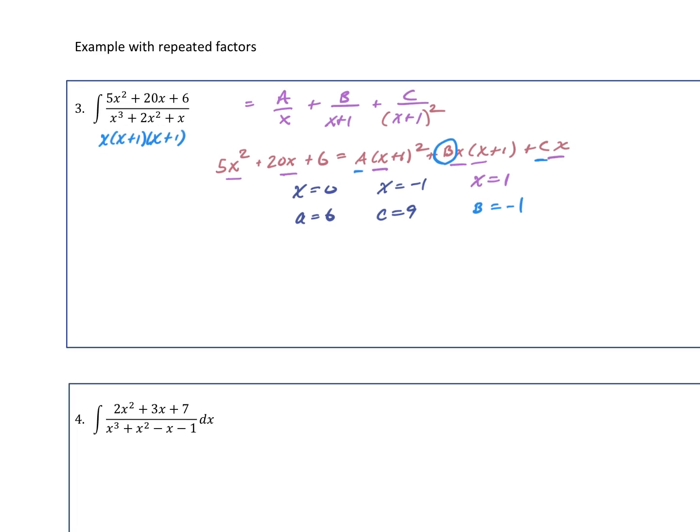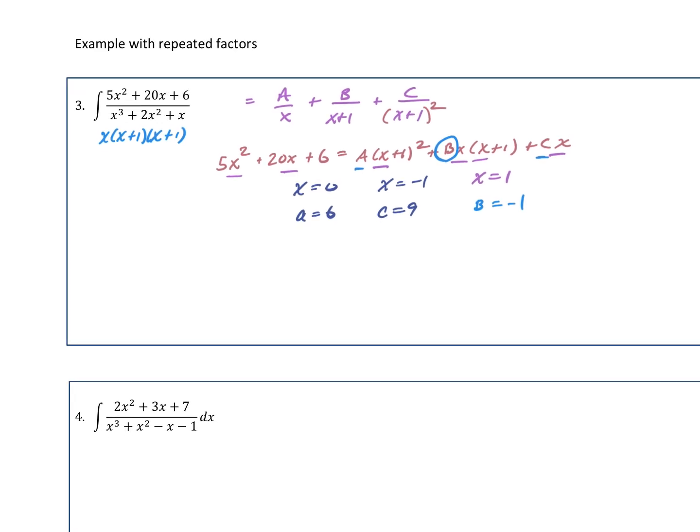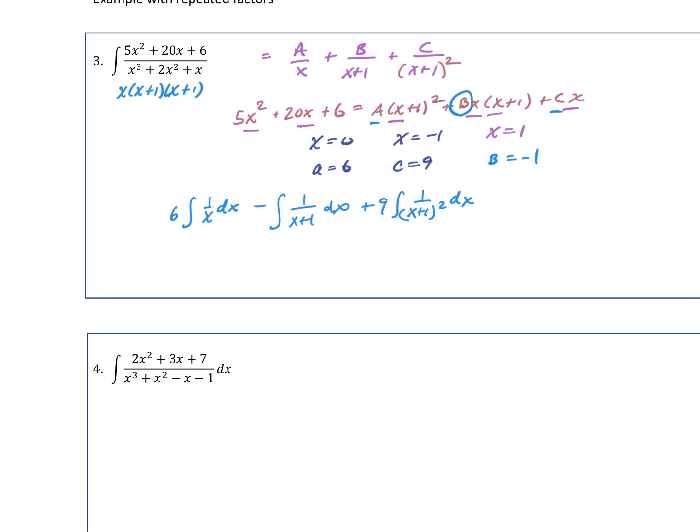All right, so we're going to get 6, the integral of 1 over x dx, minus the integral of 1 over x plus 1 dx, and then plus 9, the integral of 1 over x plus 1 dx. Okay, so now we've got 6 ln of x minus ln of x plus 1.